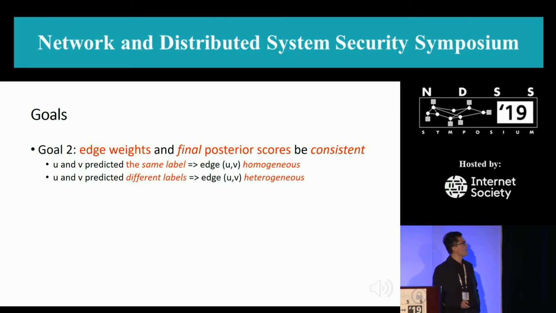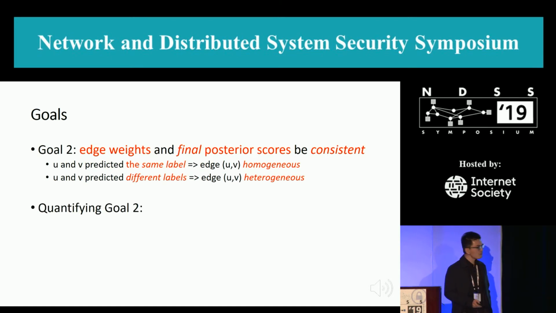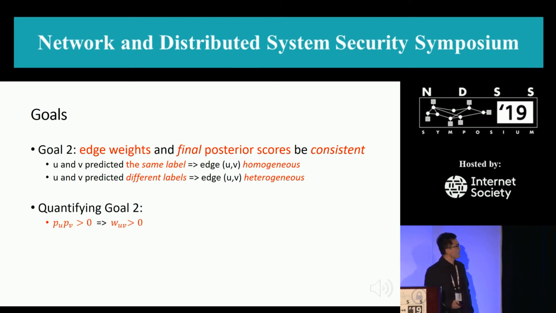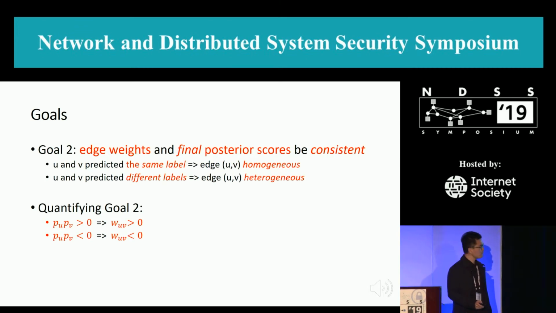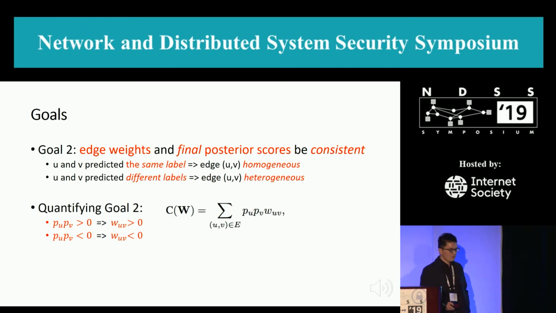If u and v are predicted to have different labels, then the edge is heterogeneous. We quantify goal 2 as follows: if the product of p_u and p_v is positive, then the edge weight is positive, and if the product is negative, then the edge weight is negative. Then we have the function C(w), which is the product of p_u, p_v, and the edge weight w_vu.